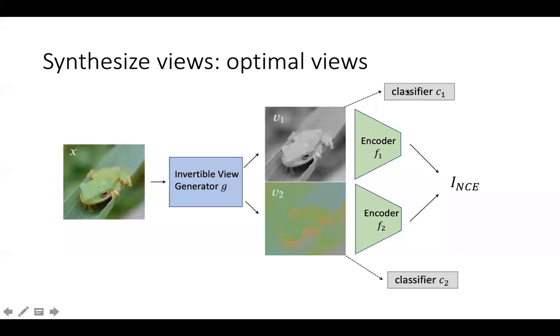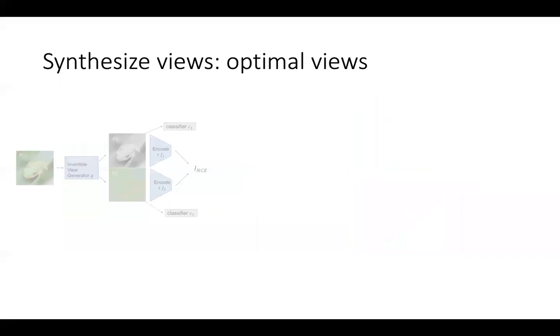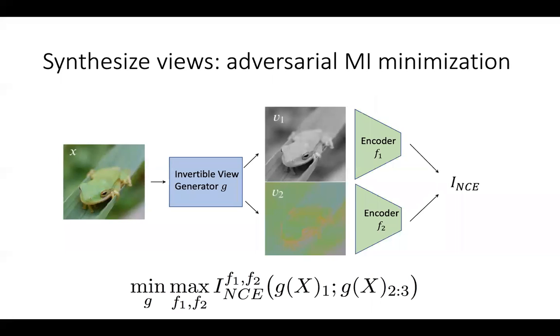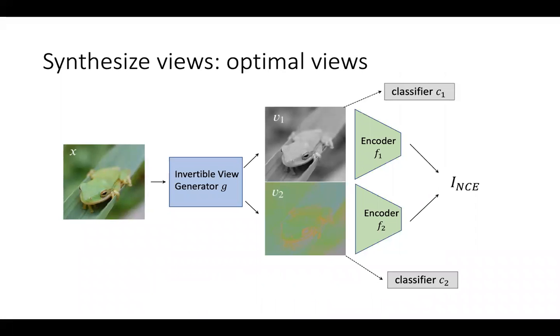In that way, you hope the induced classifier can help each view maintain the information that is necessary about your downstream task. So the complete objective is the adversarial objective plus the two classification objectives.